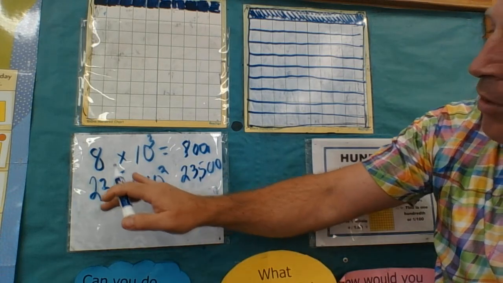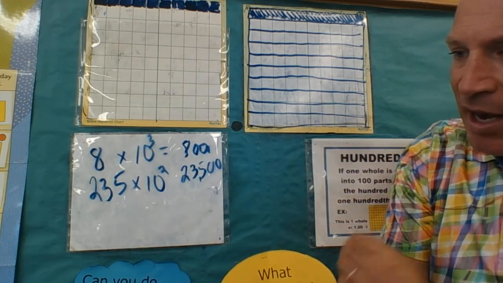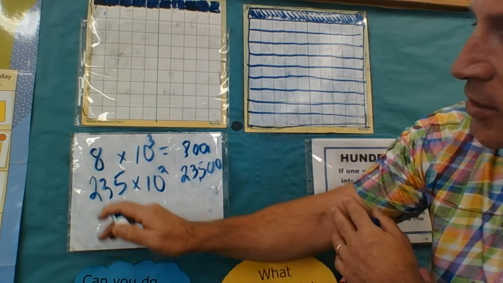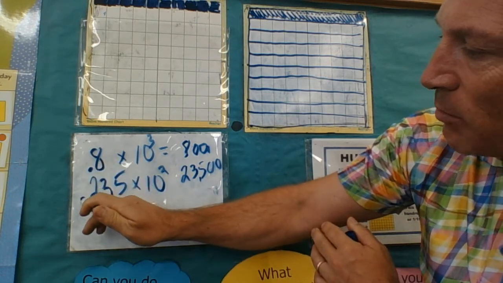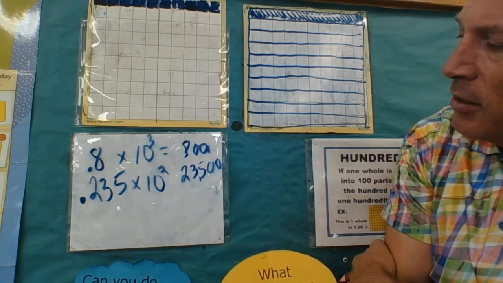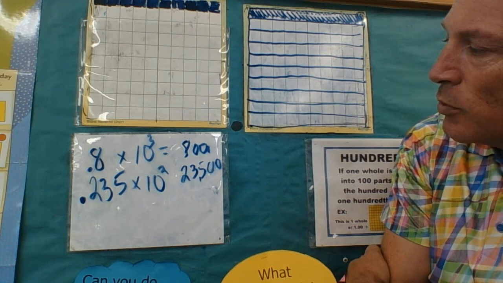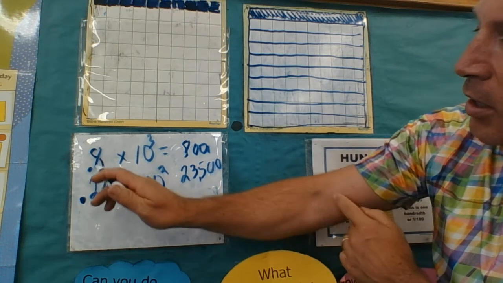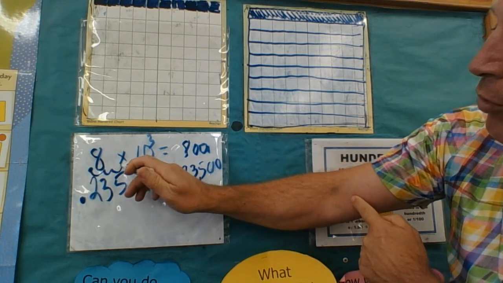And I've talked about how this is usually described as adding zeros, and I want to get us away from that, because watch this. If I put the decimal point here, and I multiply by 3 powers of 10, watch what happens. I move the decimal point over 1, 2, 3.